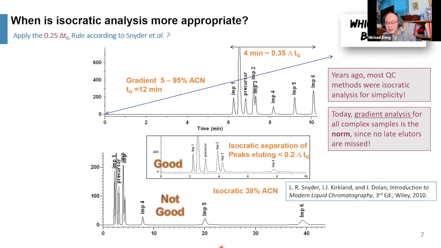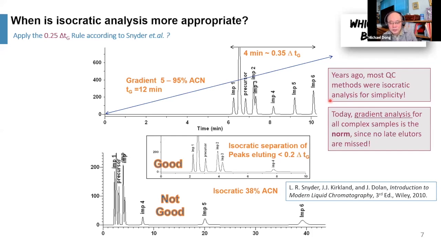Now here is an interesting proposition, right? When is isocratic analysis more appropriate? It's kind of a stupid question, right? It's a question which is not quite modern. Today we don't really ask this kind of question. But anyway, once upon a time, people really wanted to do isocratic analysis. Or the QC manager demanded isocratic analysis because they like to release product.